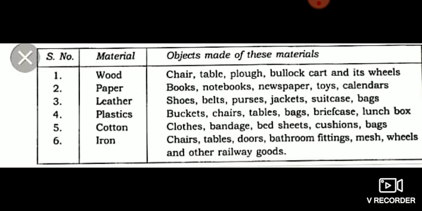By using these materials, a number of objects are manufactured. By using wood you can manufacture many objects: chair, table, flag, bullock cart and its wheel.